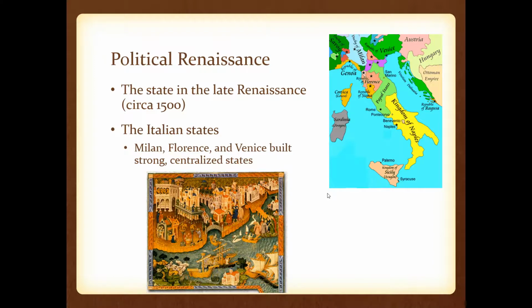And so, because of the wealth, because of the fact that the Italian states were the center of the Renaissance, they don't come together. So, you don't have a unified Italy. You don't really have the resurgence of Rome either. Venice, Genoa, Milan, and Naples, especially, have a lot more influence than Rome does when it comes to political affairs.